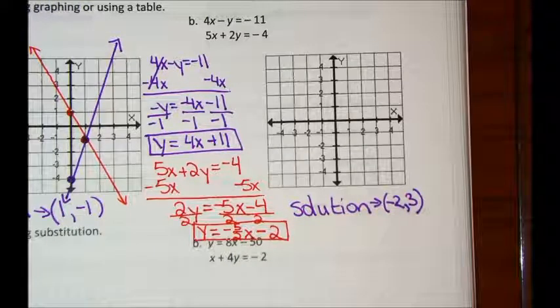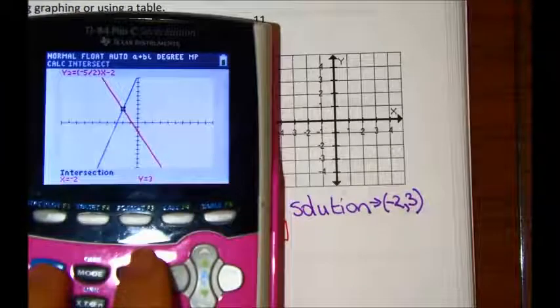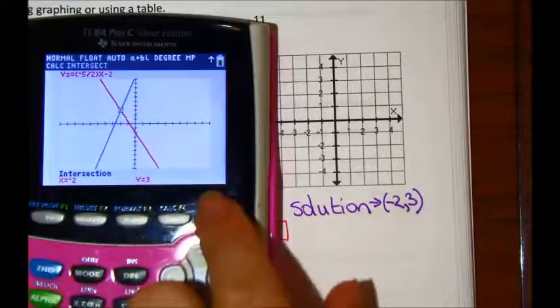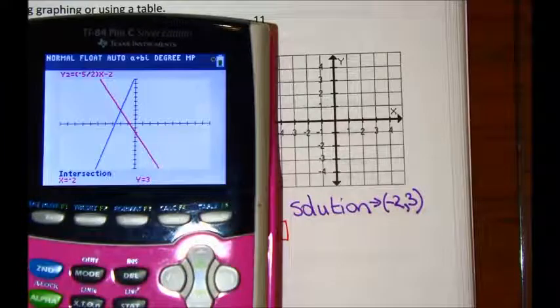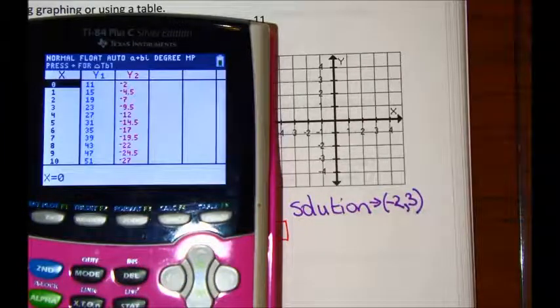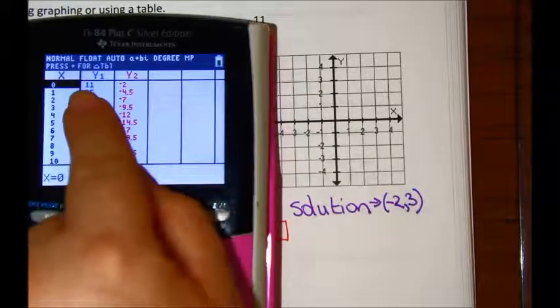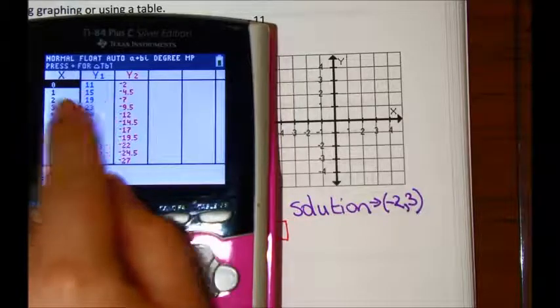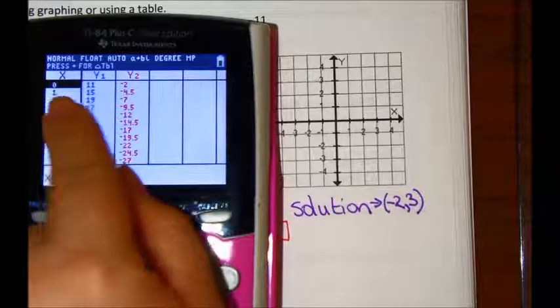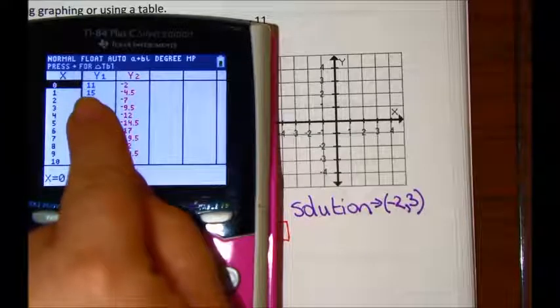We need to now get our graph onto our paper from our calculator. To get points to plot, I'm going to go to the table. Second, graph. We can see that when x is at 0 for the first equation, y is at 11, and that's not on my graph. When x is at 1, I can see that y is even further off my graph.